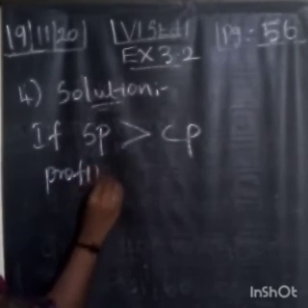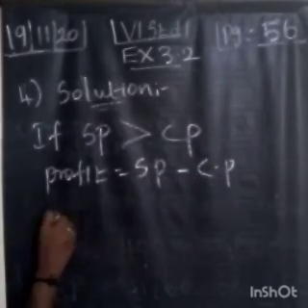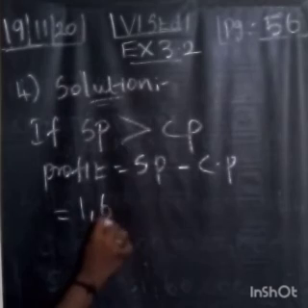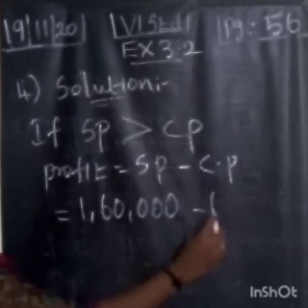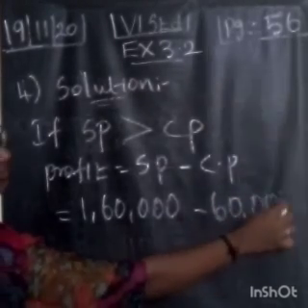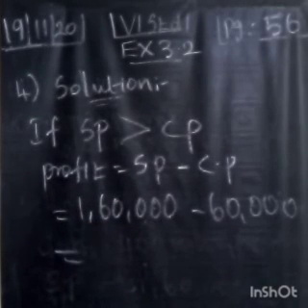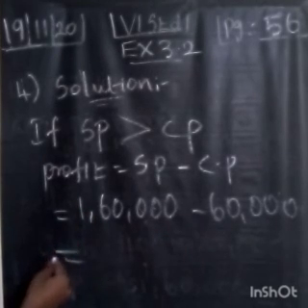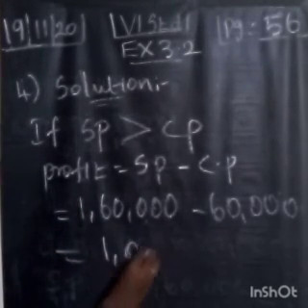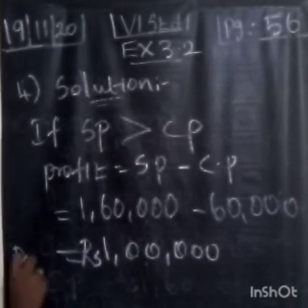So profit equals selling price minus cost price: 1,60,000 minus 60,000, we get rupees 1 lakh. So here profit equals rupees 1 lakh.